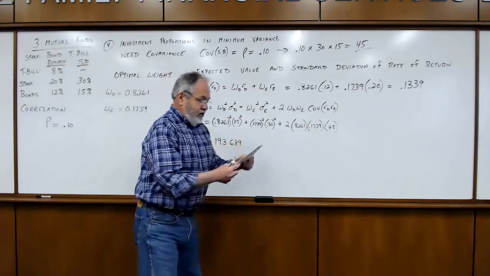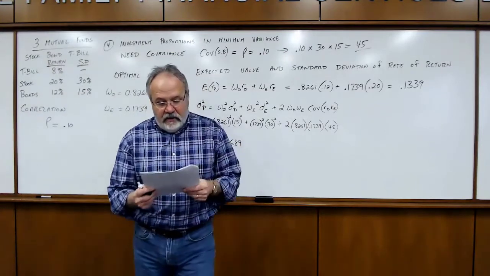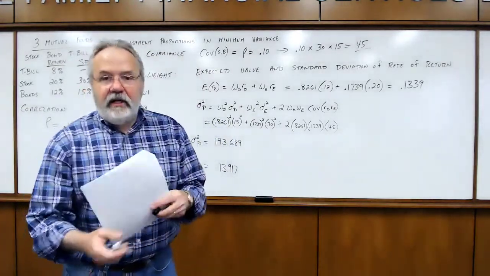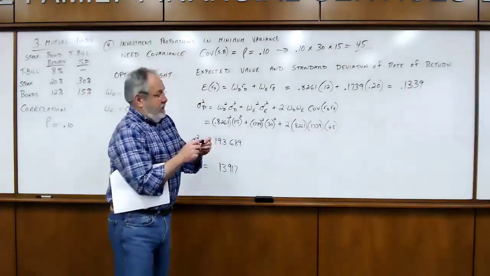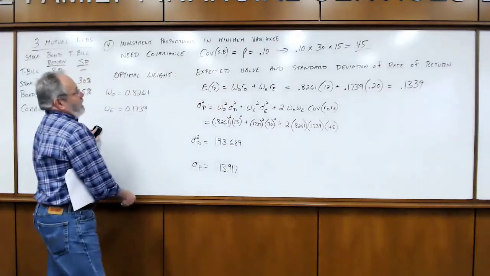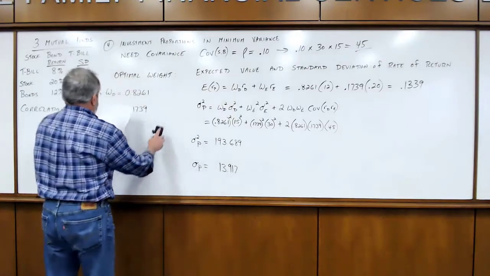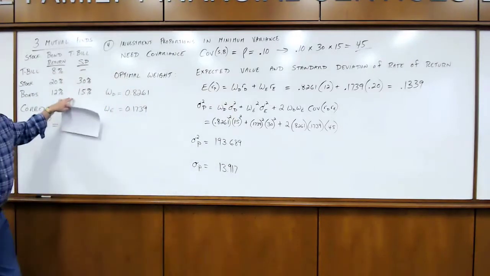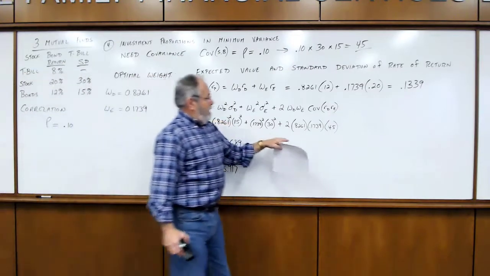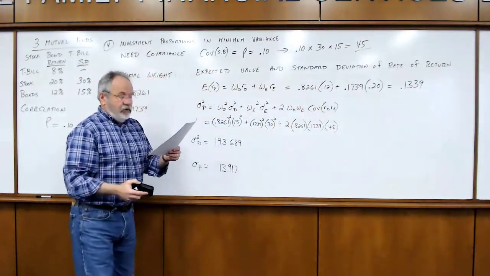All right, that was number 4. So number 5, calculate the investment opportunity set for the 2 risky funds in increments of 20%. So we're using these numbers, but instead of calculating these weights, we're going to use increments of 20%.